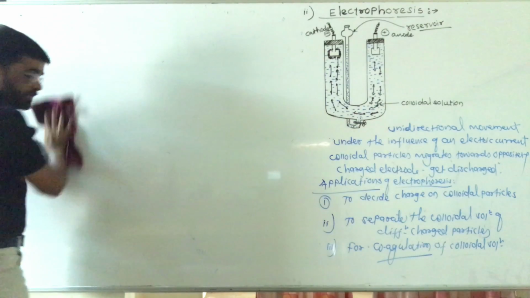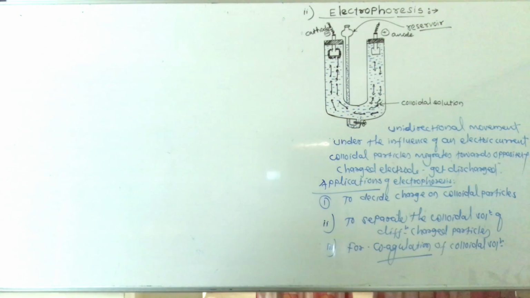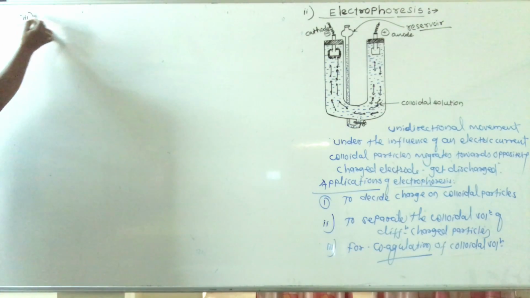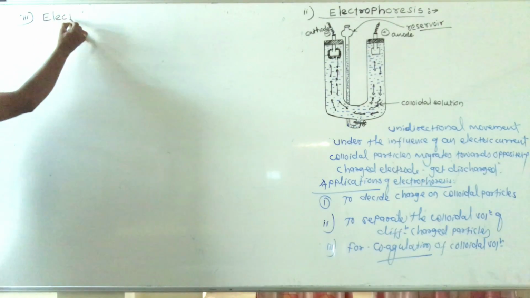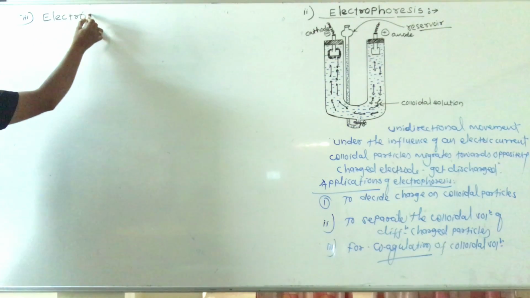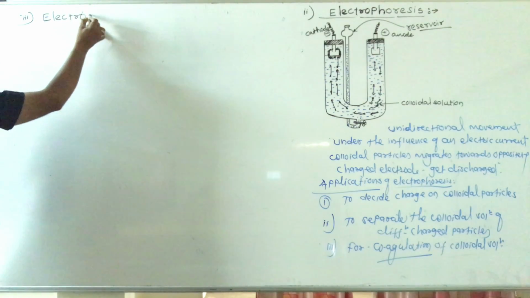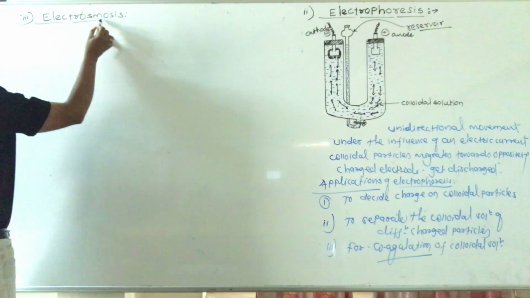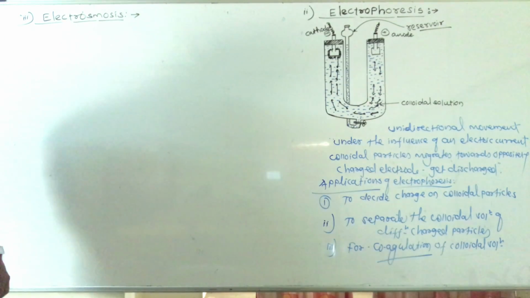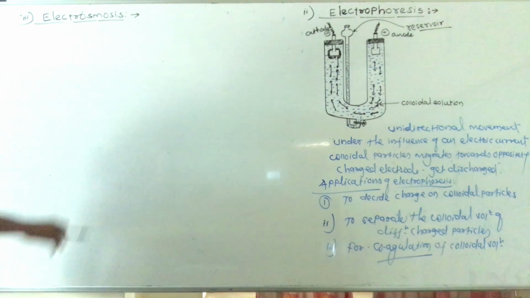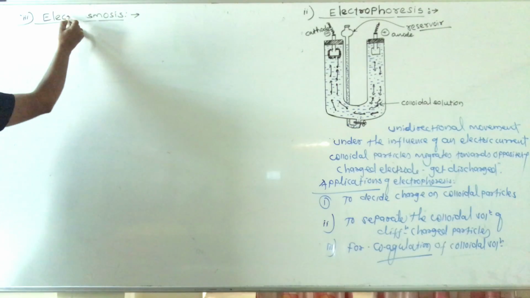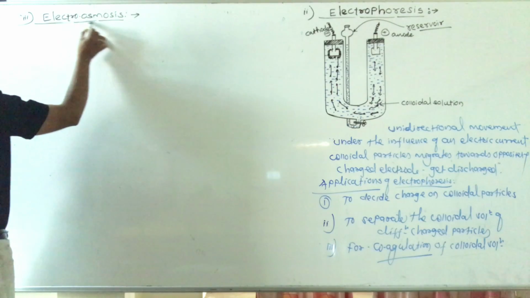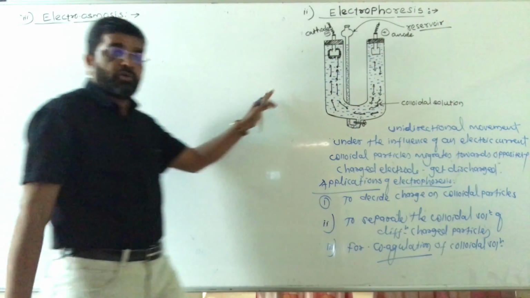Next colloidal property is electroosmosis. Electroosmosis is the process in which... Okay. Now you see, the electrophoresis we know.